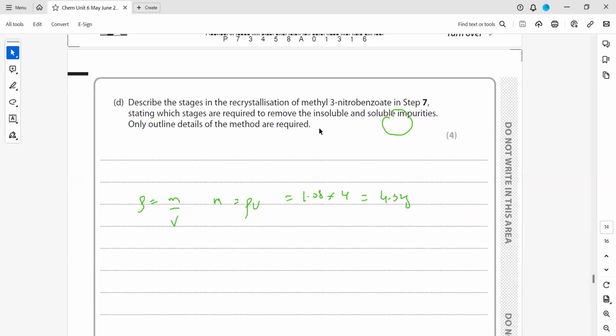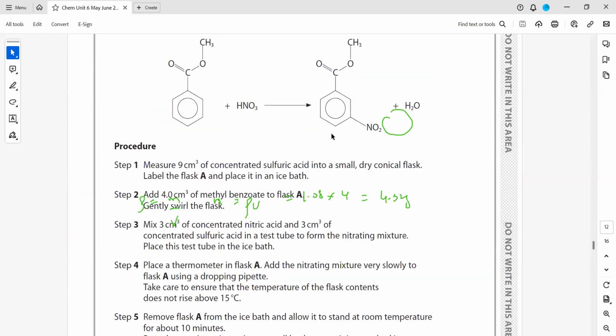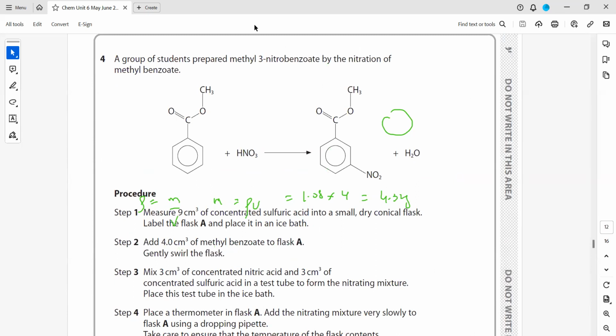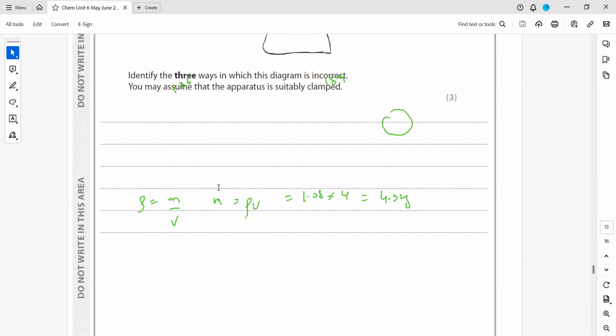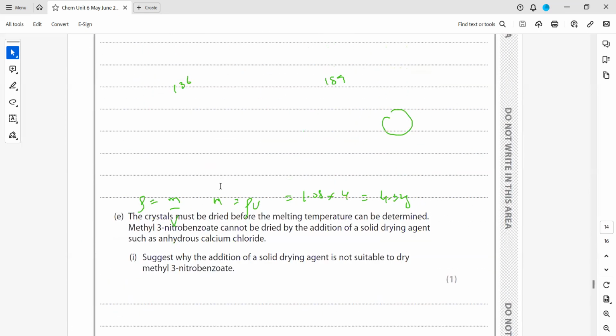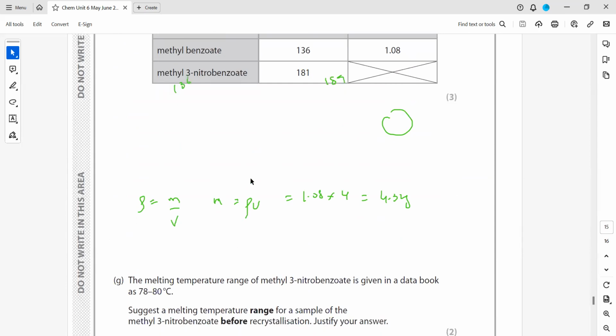Now for 4.32 grams, as you can see, 136 and 181 are in a ratio of the masses. If this is 136, this will be 181, not 189.